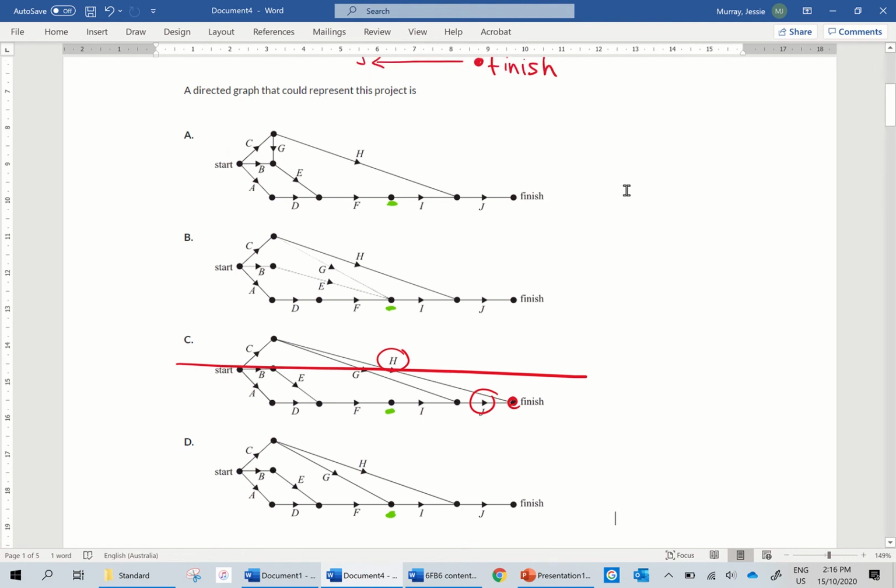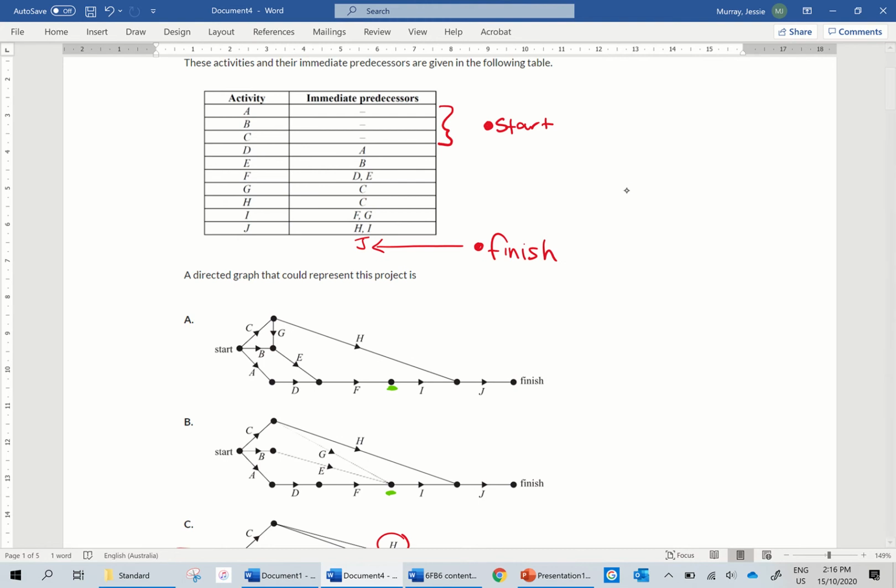Now, let's see what I is meant to have. The only immediate predecessors for I are meant to be F and G. So let's have a look at this first one here. The immediate predecessors of I, well, it is definitely F, but G is not one. It needs to be directly linked to it.